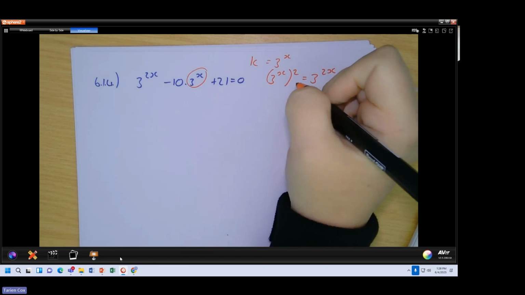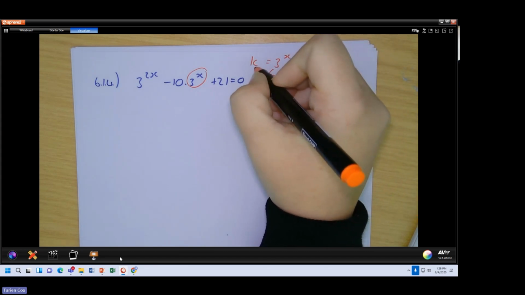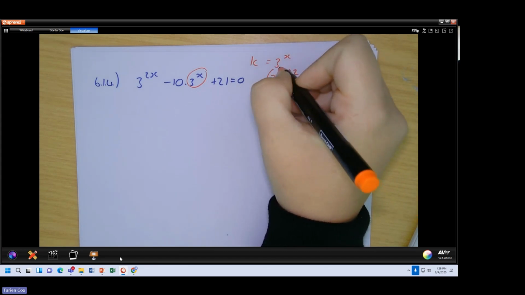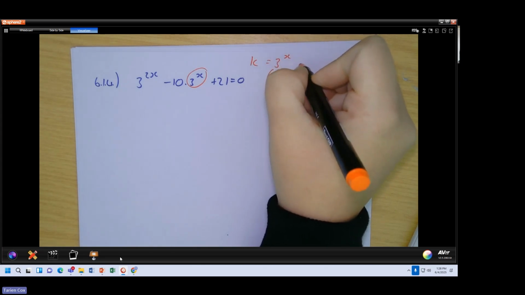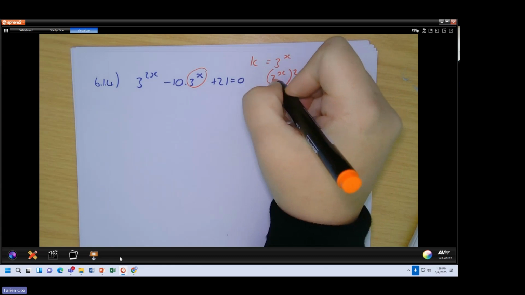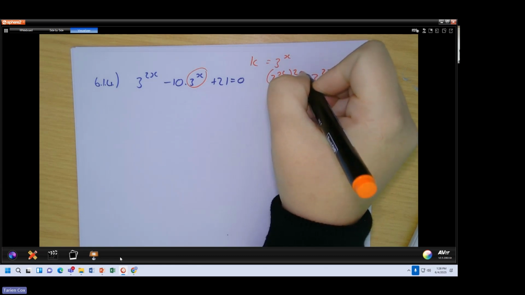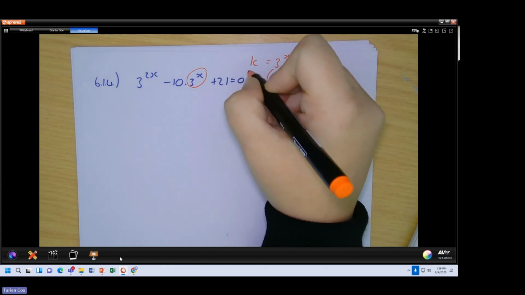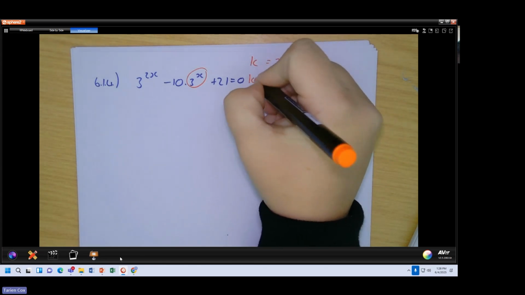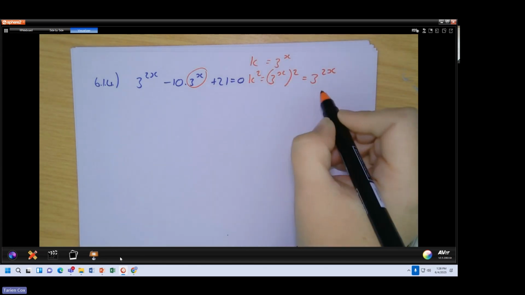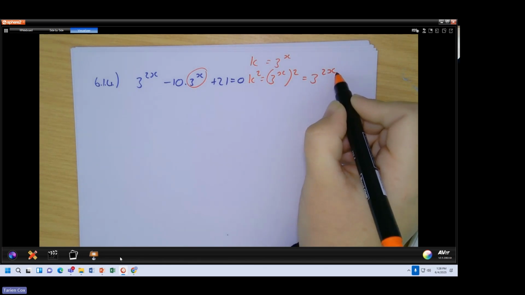Normally we use the k method. So we normally do use k. If I choose to make 3 to the power of x equal to k, and I then choose to square the one side, I can't just square one side, I also need to square the other side, which means that k squared will then be equal to 3 to the power of 2x.